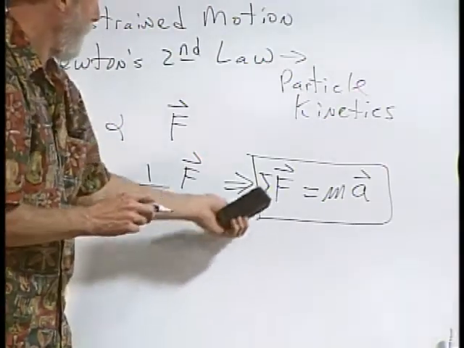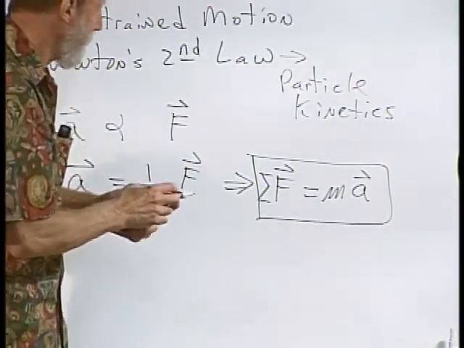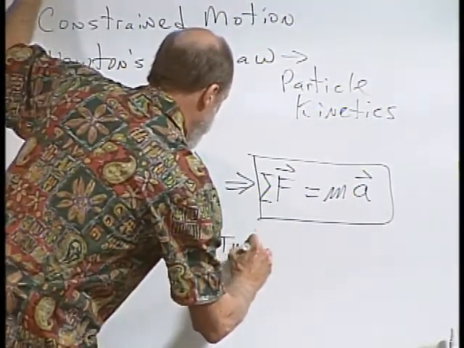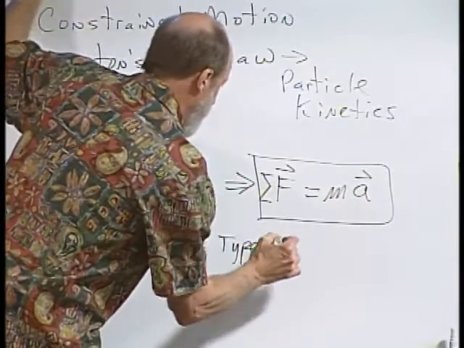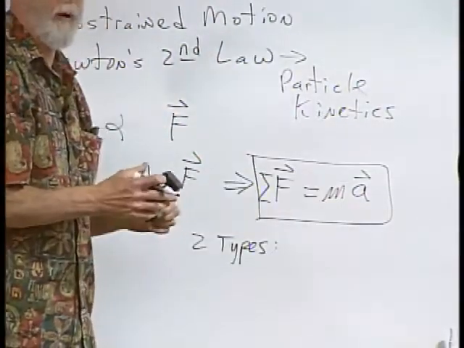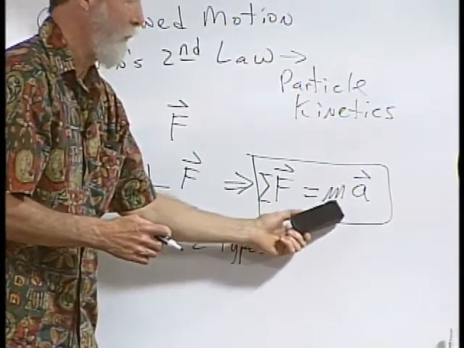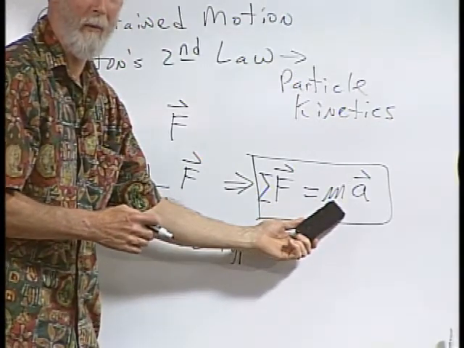We're going to look at all those different types of conditions. Now, there are 2 types of problems here. It's pretty obvious if you look at this equation. You've got to know something here. We're going to know the mass in just about all the problems we're tackling.